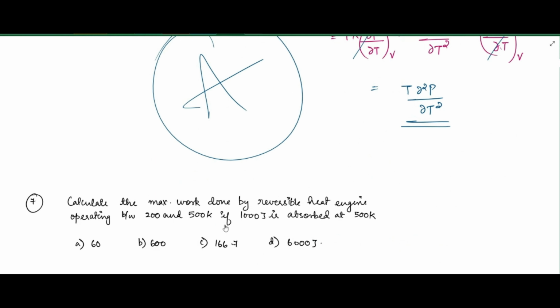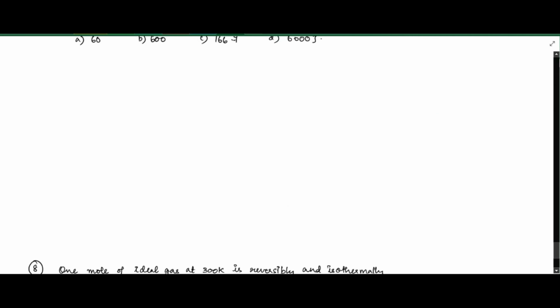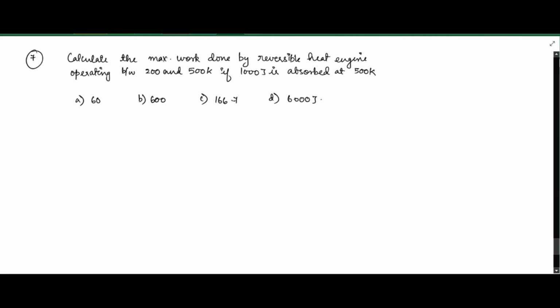Okay. Next question. It's a regular question. Carnot engine. Calculate the maximum work done by a reversible heat engine operating between 200 and 500 Kelvin if 1000 joules of heat is absorbed. What is the equation?